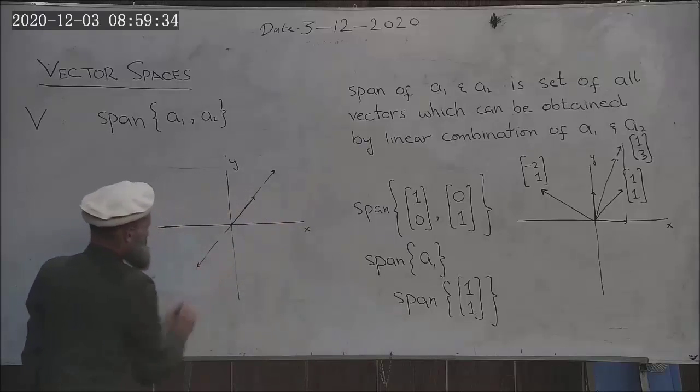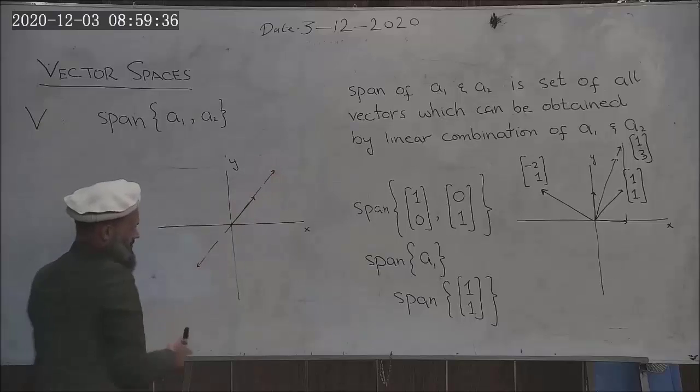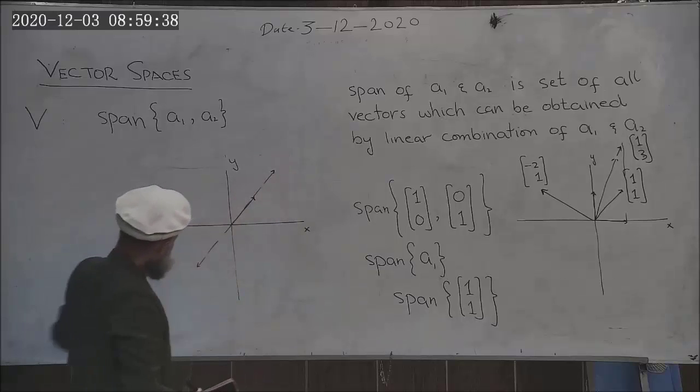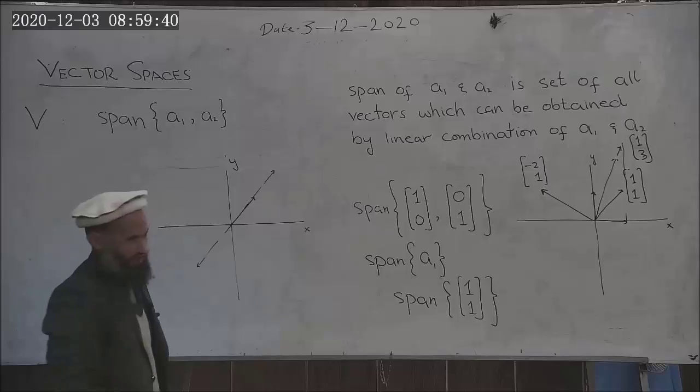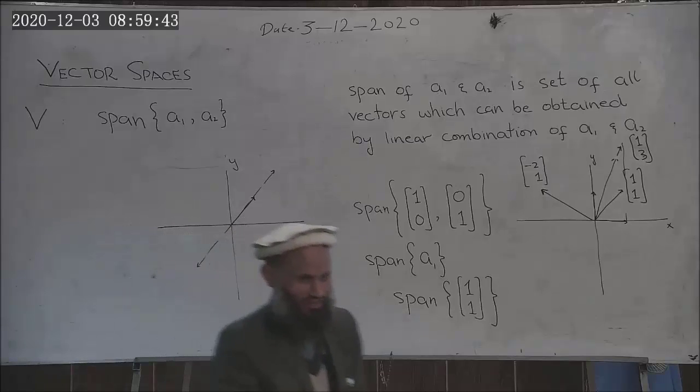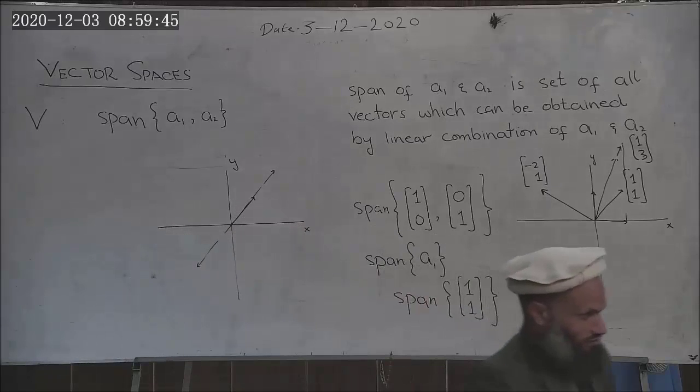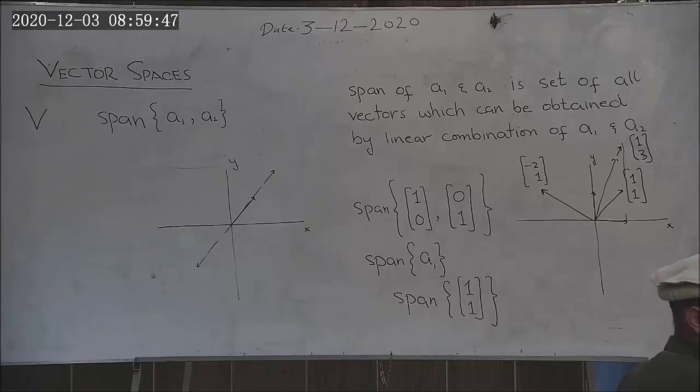This vector can also be generated. So all the vectors which lie on this line can be generated from this vector. So the span of this vector is the set of all those vectors which lie on this line. Clear? Yes?